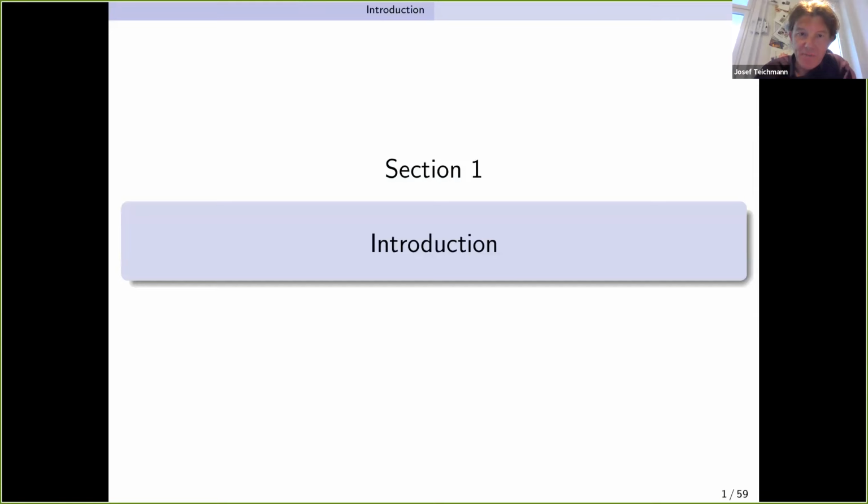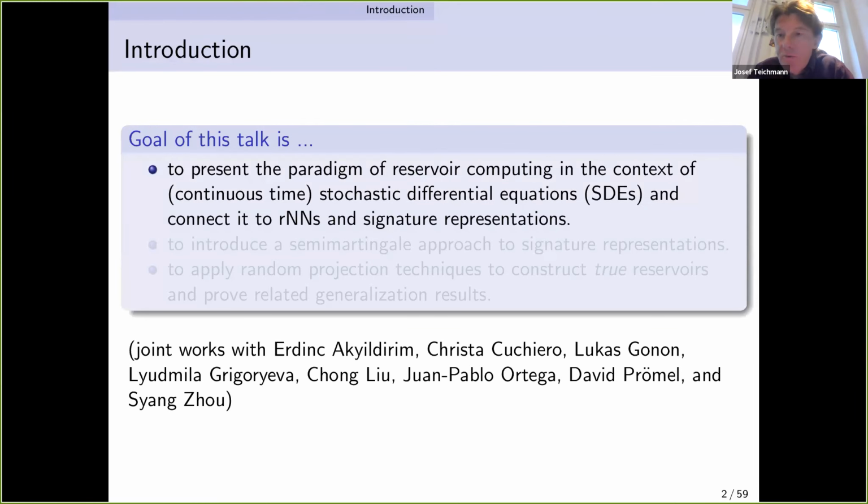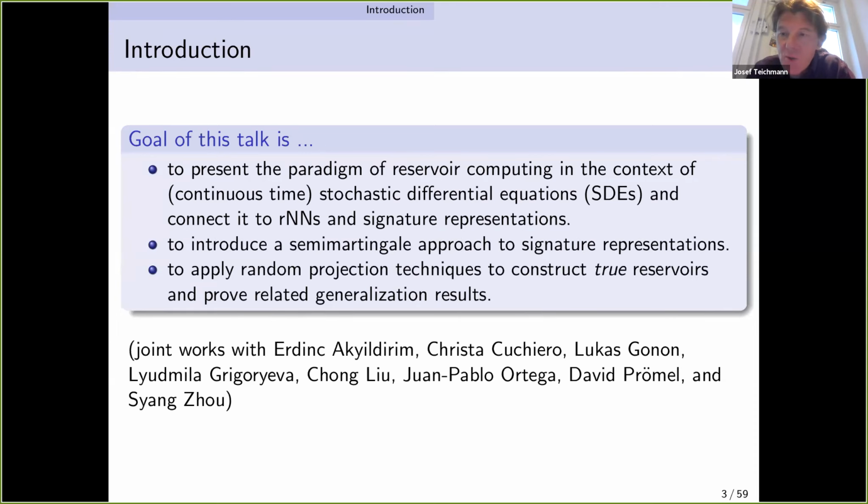Let me start with some introductory words. The goal of the talk is to analyze this paradigm of reservoir computing in the context of continuous time stochastic differential equations, and also connections to recurrent neural networks and signature representations. Then I will also analyze the notion of a signature representation in the context of semi-martingales.